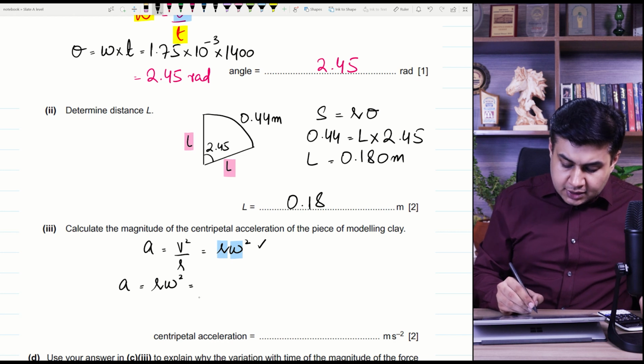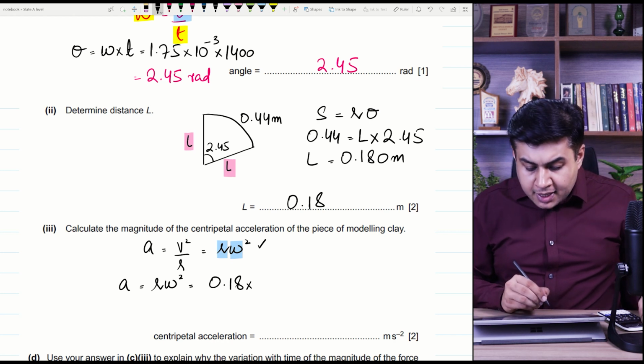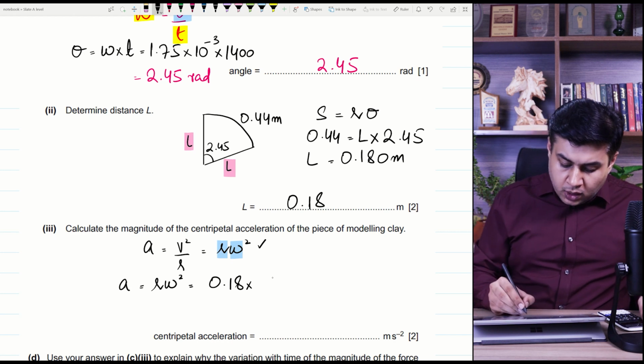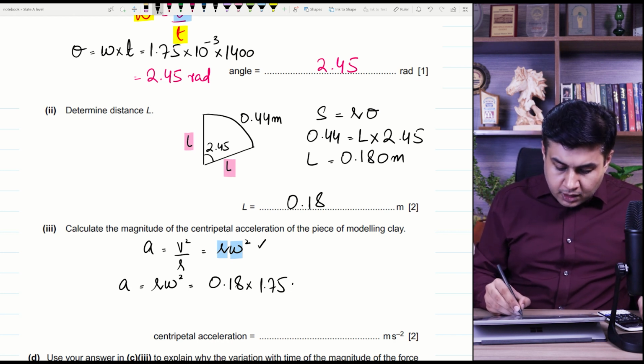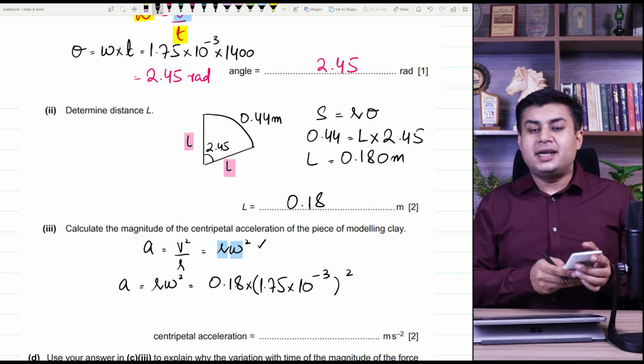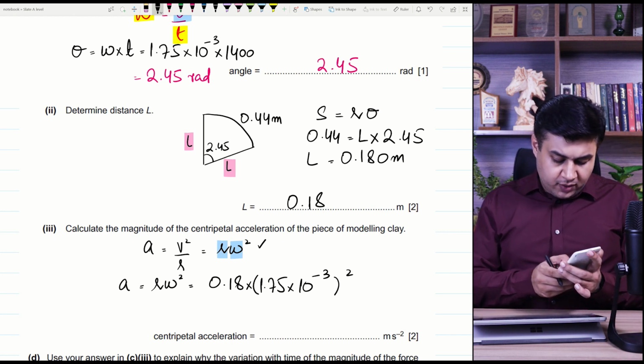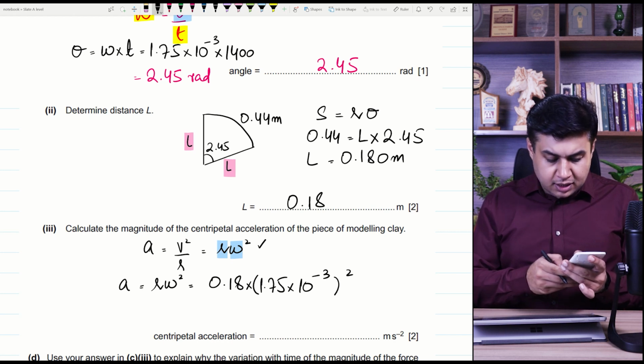So radius is length L, which is 0.18, and omega in this case is 1.75 multiplied by 10 raised to power minus 3, and you have to square this value as well, right? 0.18 multiplied by 1.75 multiplied by 10 raised to power minus 3 whole square.